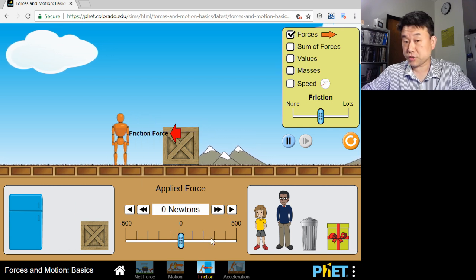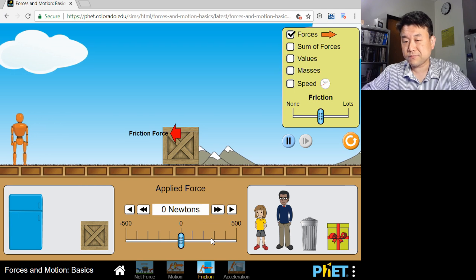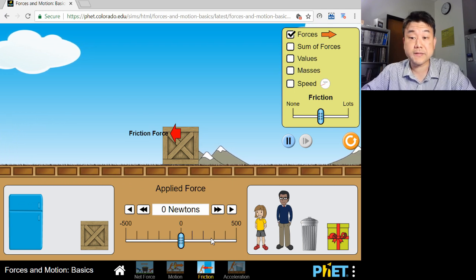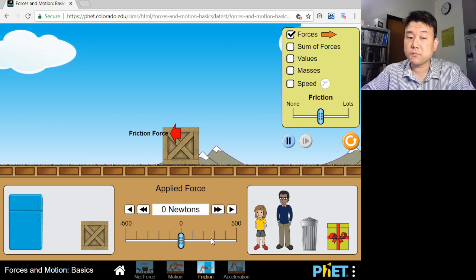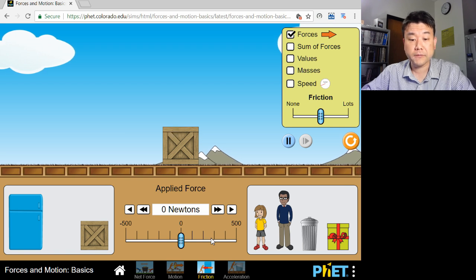When I stop pushing, the friction force, kinetic friction force, remains, opposing the sliding motion of the box against the ground. This friction force is responsible for the negative acceleration, which eventually brings the crate to a stop. And once it stops, the friction force disappears also.